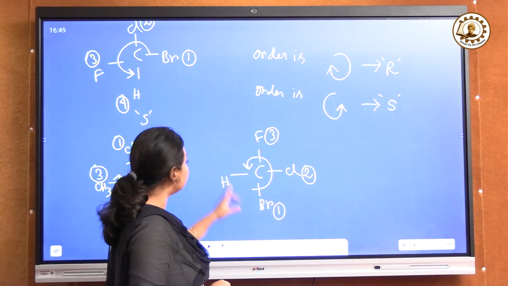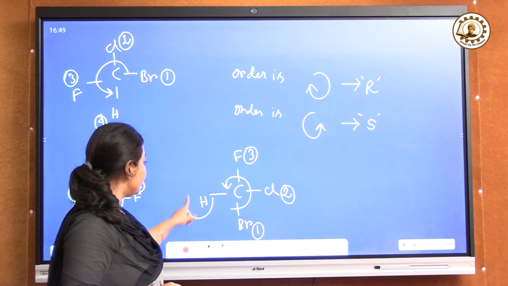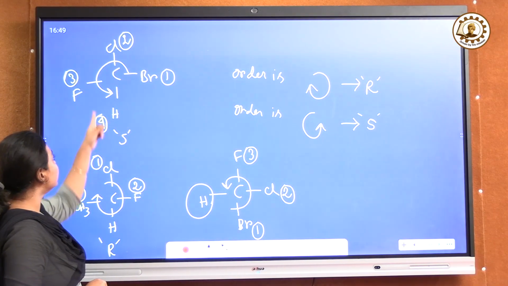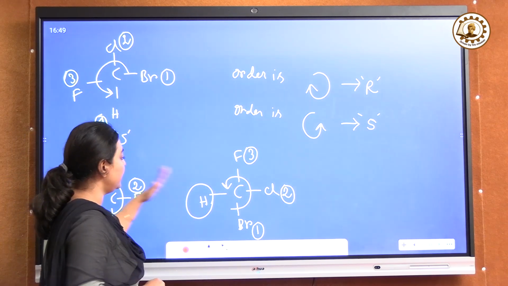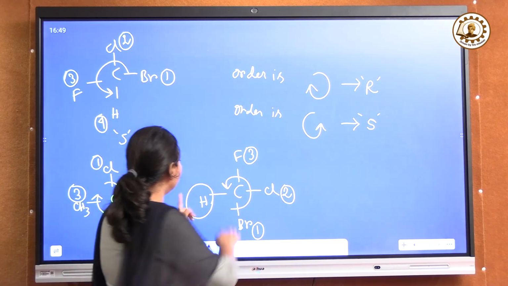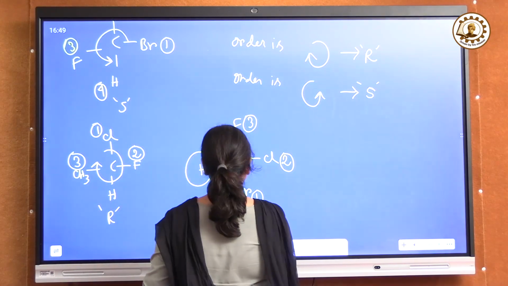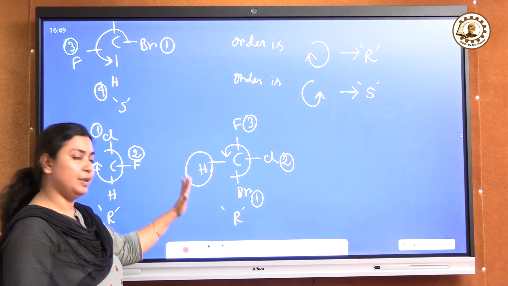So it would be S, but the position of the hydrogen is different from the earlier molecules. There the hydrogen is vertically below, but here the hydrogen is basically left to that axis. So due to the position of the hydrogen, this molecule will be R.